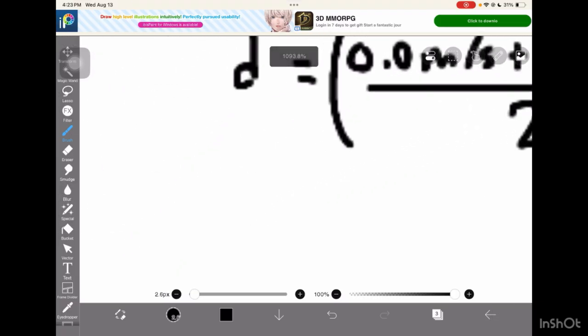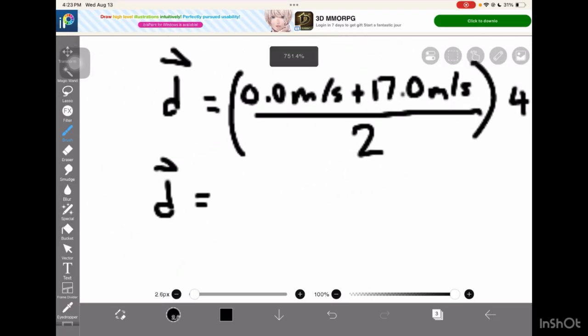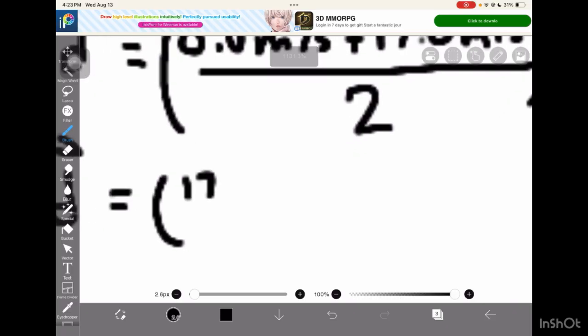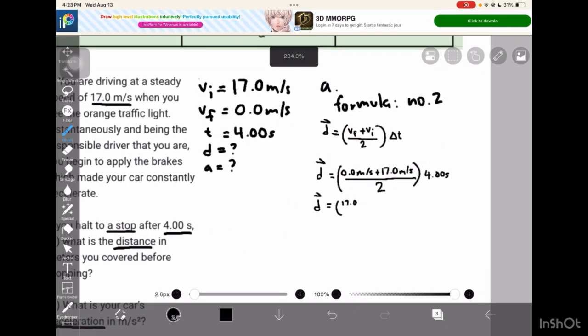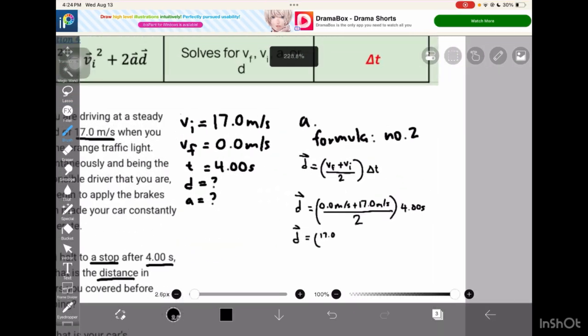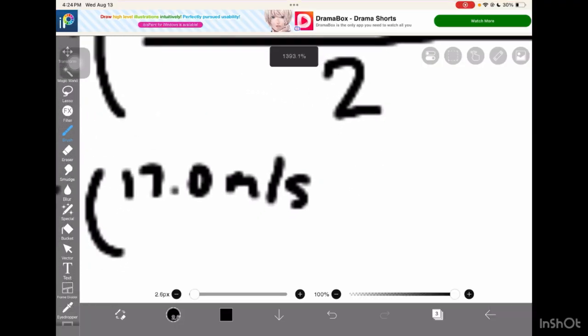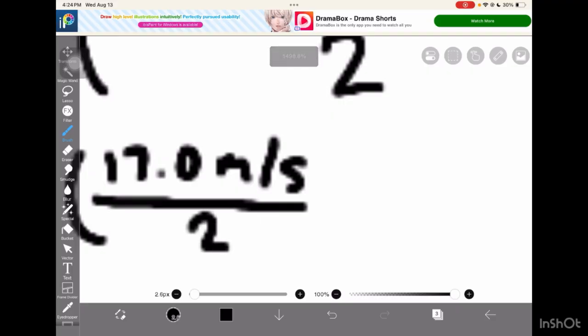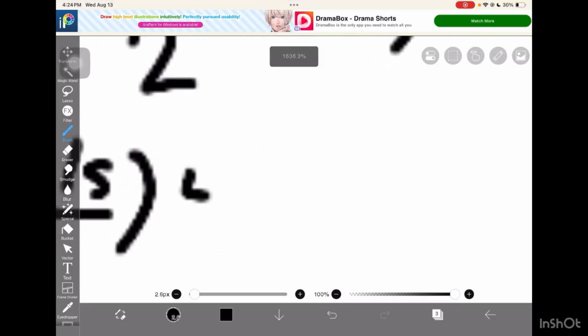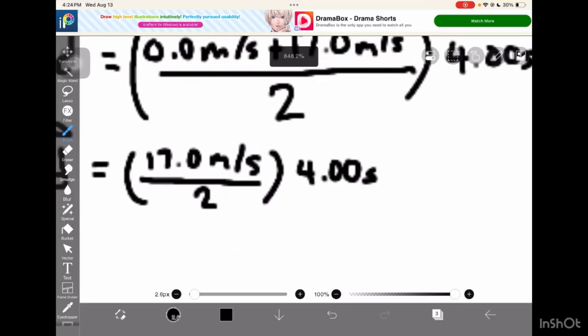That's a constant, right? 17.0 meters per second all over 2 times 4.00 seconds.